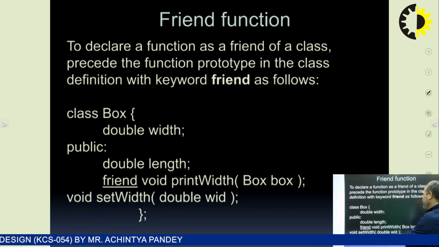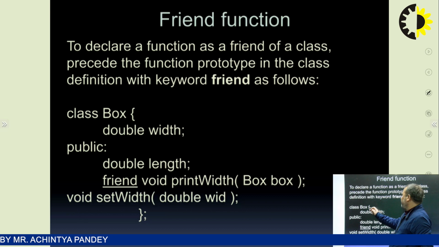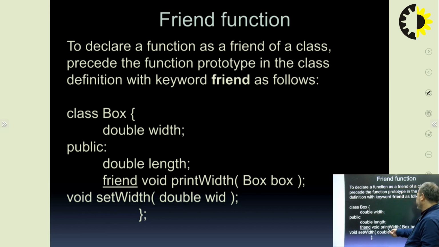Like here, you see, this is the class Box, and suppose we have a print function. We have made this printWidth function a friend function by using the qualifier friend. So although it is written in the class Box, since it is a friend, this printWidth function is no more a member of this class.